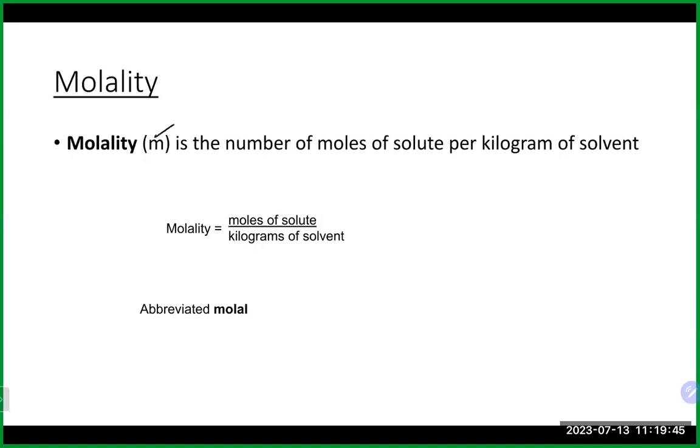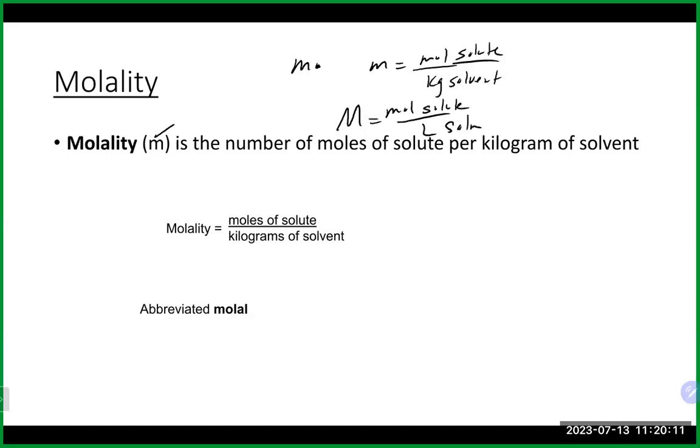Molality is abbreviated with a lowercase m, and that's not mass in this case, it's molality. Remember that molarity, which is capital M, is moles of solute over liters of solution.